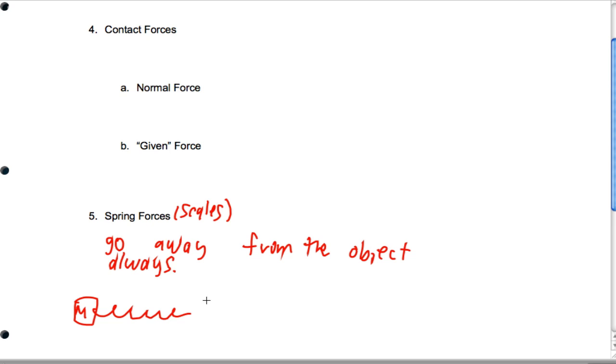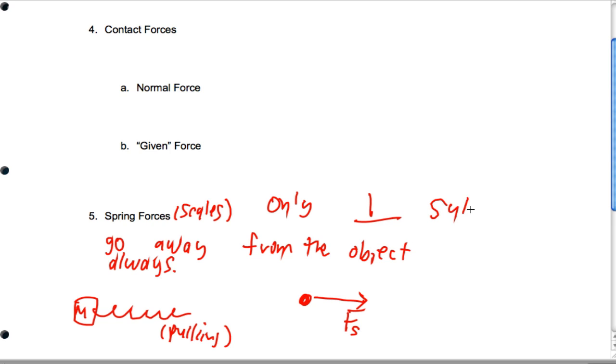I would draw a point for the mass and I would draw an F sub S for the spring. The rule for spring forces is only one subscript. So those are the rules. Always draw spring forces going away from the object. That's just a rule we follow.